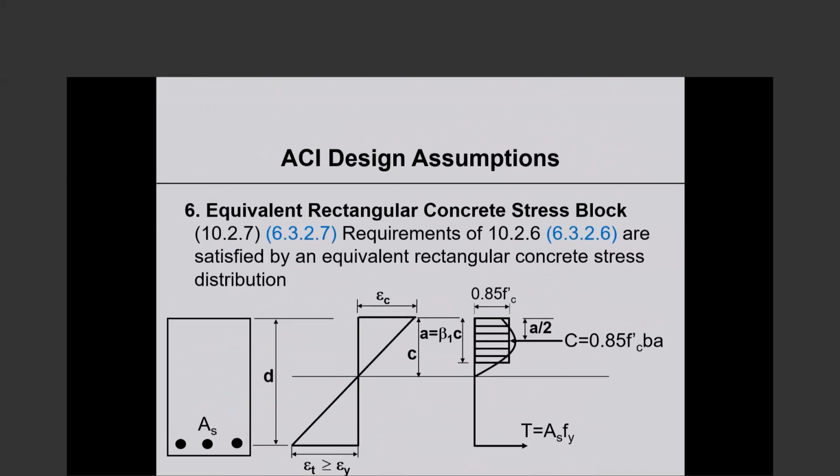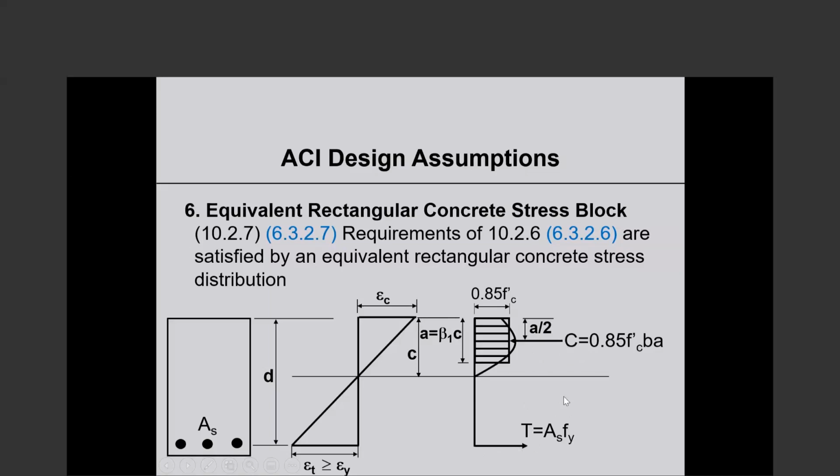Let us say we take the tensile force, A sub s f sub y. That is a tensile force and a compressive force. The distance between the two is d minus a by 2, where d, the so-called effective depth, is from the extreme compression fiber to the centroid of the tension reinforcement. So the moment is either the tension force or the compression force multiplied by this distance of d minus a by 2.